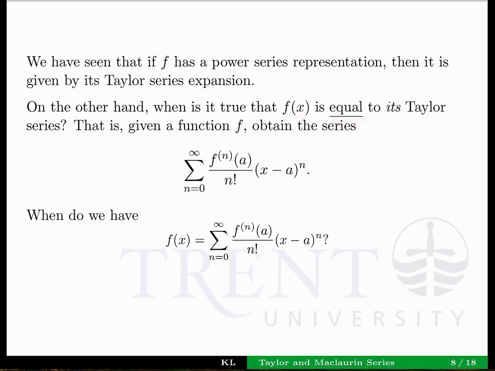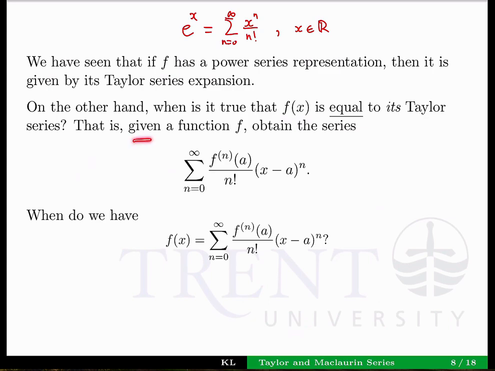Of course, in the previous example, I just said that e to the x is equal to the sum of x to the n over n factorial, n from 0 to plus infinity, and I am sure that this equality holds for all x in the set of real numbers. But how are we certain that the equality actually holds?